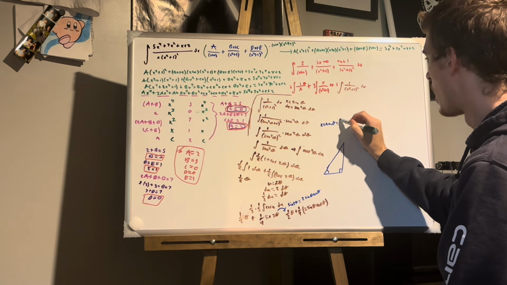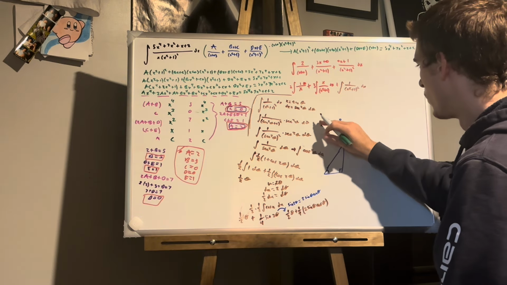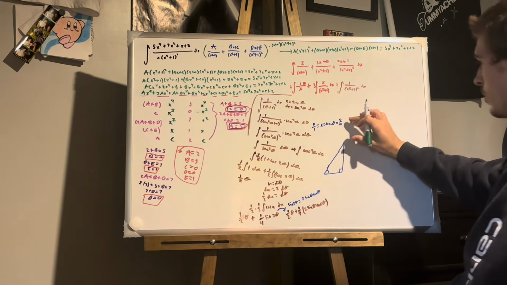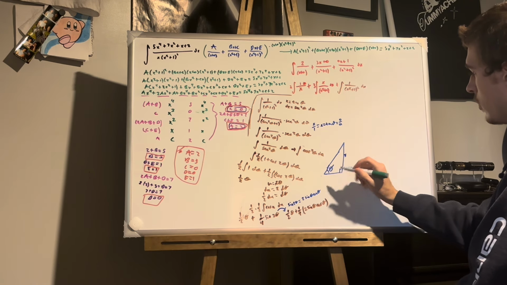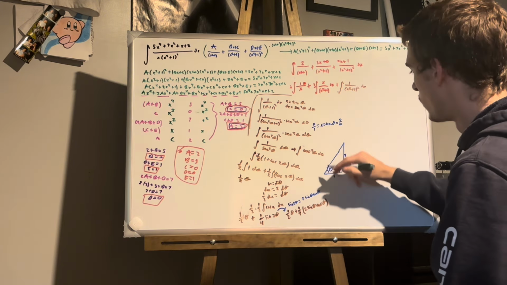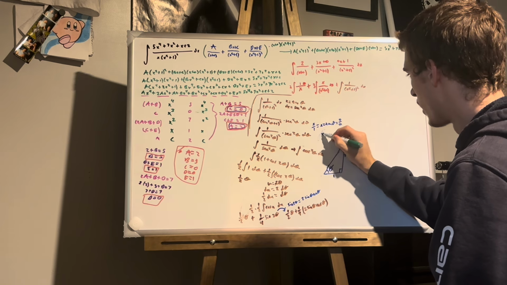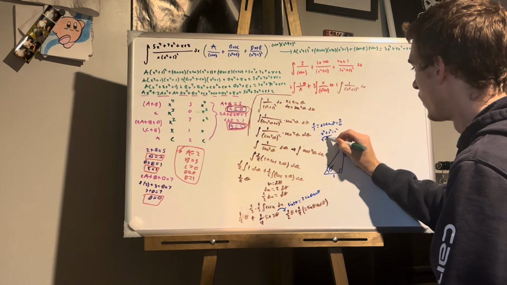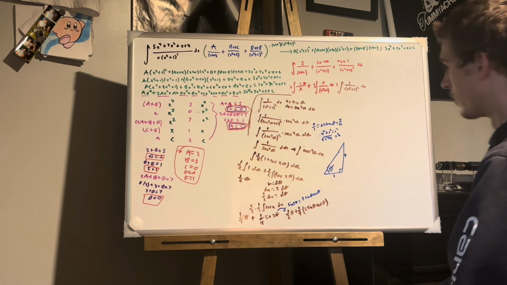And tangent is opposite over adjacent. Well, this is x over 1, so your opposite is x to theta, and then your adjacent is 1 to theta. And if you wanted to find your hypotenuse, Pythagorean theorem says that x squared plus 1 squared equals c squared. Square root that, and that equals your hypotenuse.